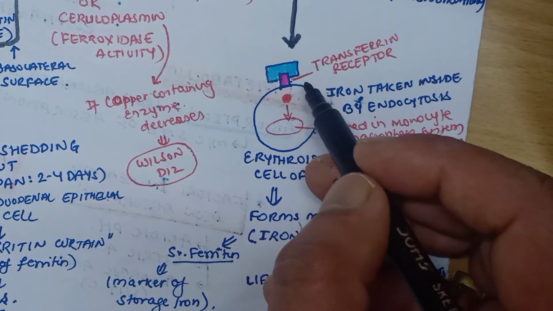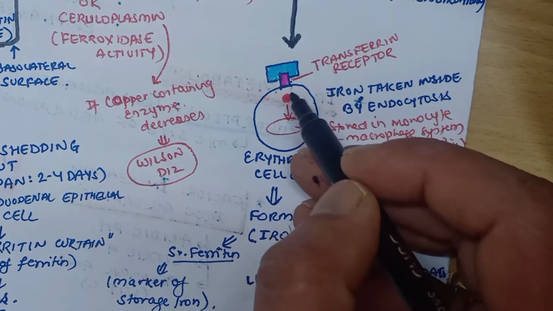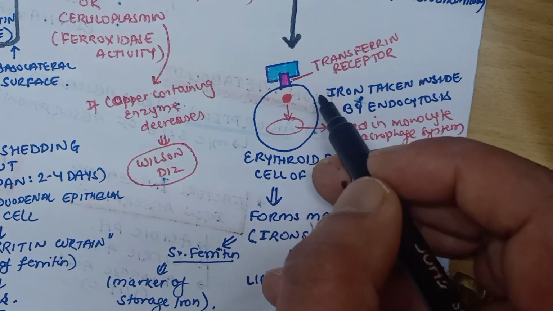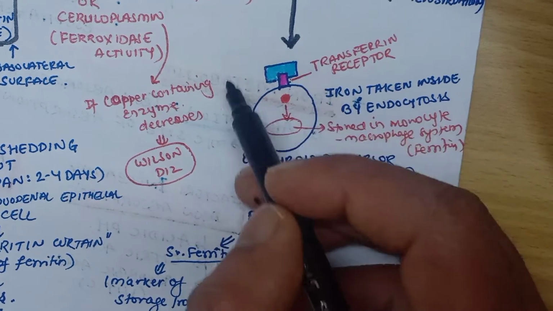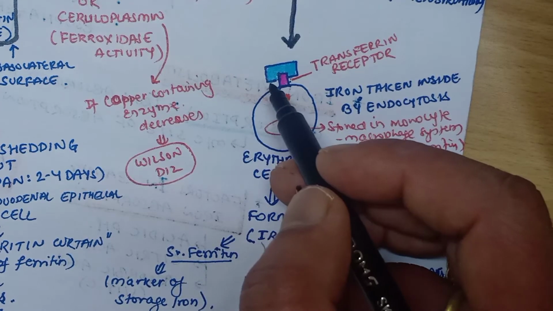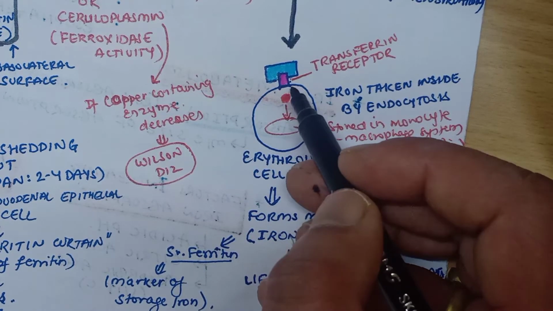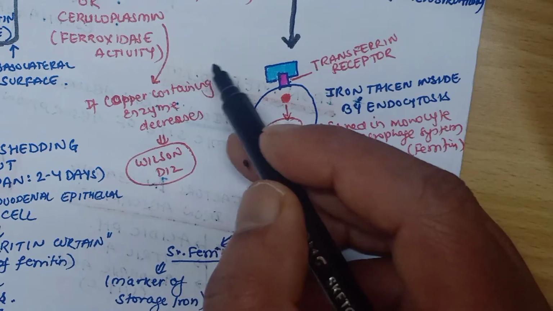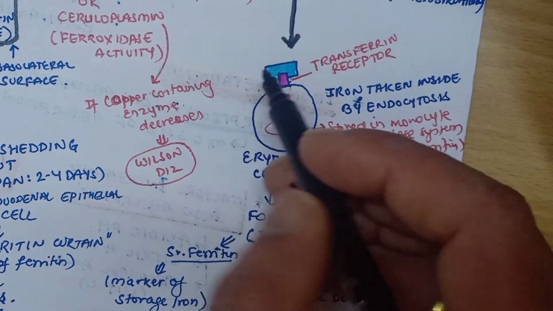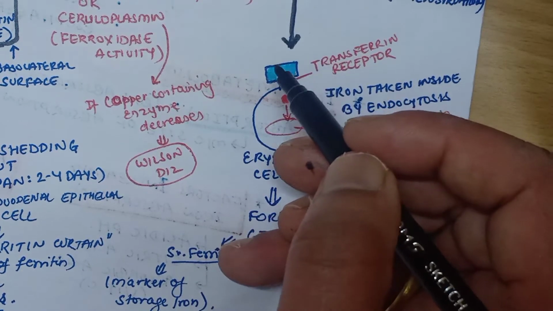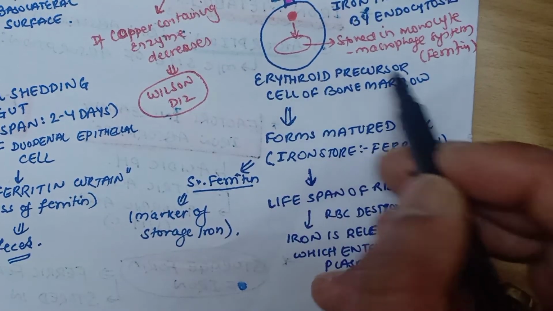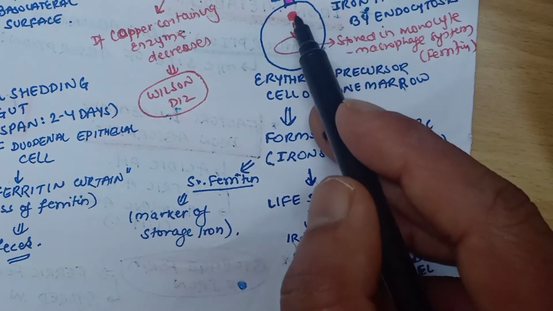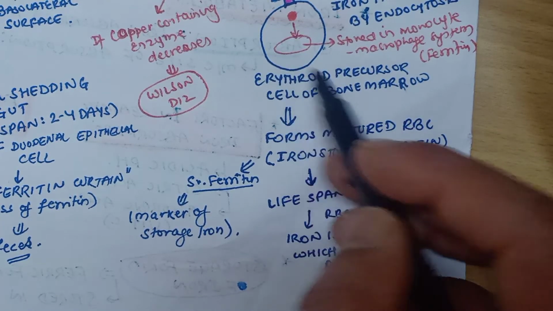This apotransferrin remains bound to its receptor because it has high affinity for its receptor at reduced pH. At neutral pH, apotransferrin dissociates from its receptor to enter into the circulation, and it will reload iron and repeat the cycle. In the erythroid precursor cell of bone marrow, this iron will be stored in the form of ferritin.